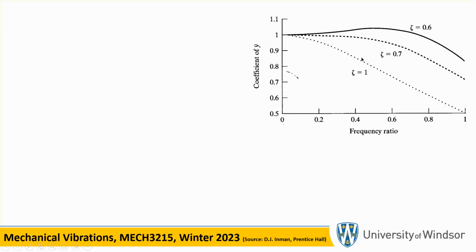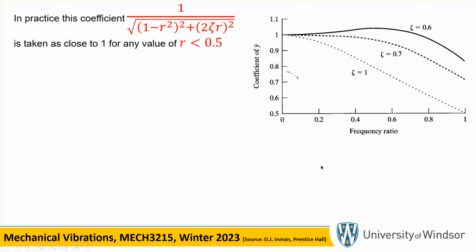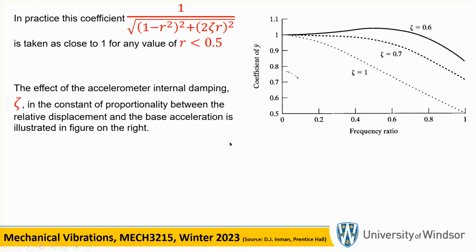The effect of the damping is shown here, and you can see that for zeta equal to 0.7 it's almost flat to the left of 0.5. So this expression is very close to 1; the proportionality factor is almost 1 when r is less than 0.5.